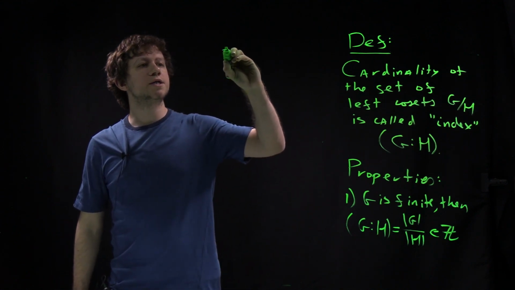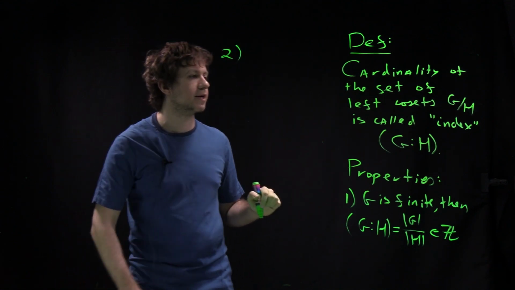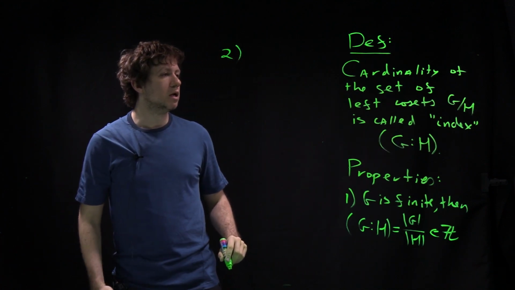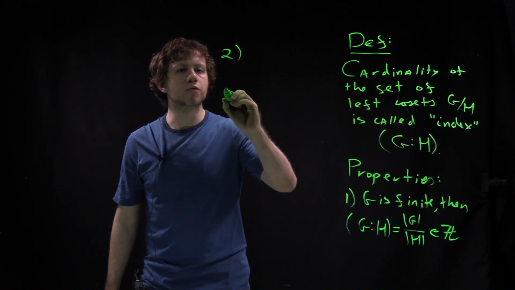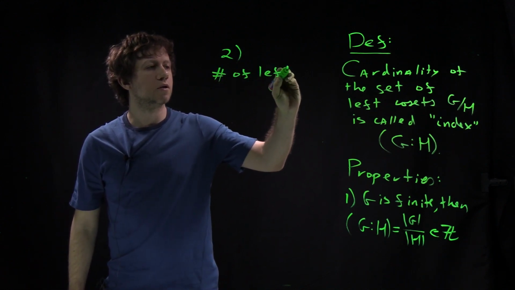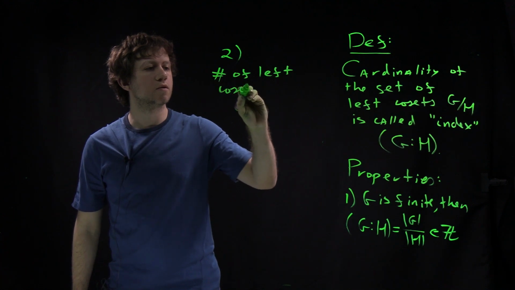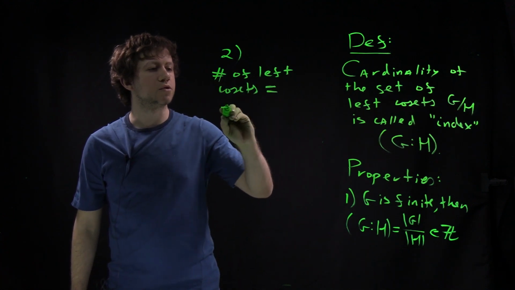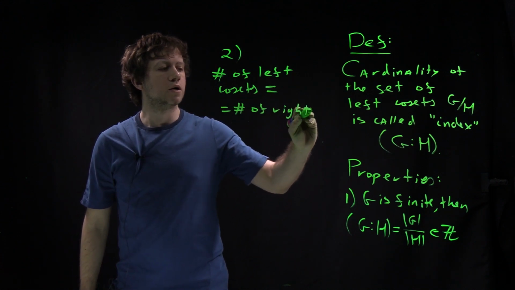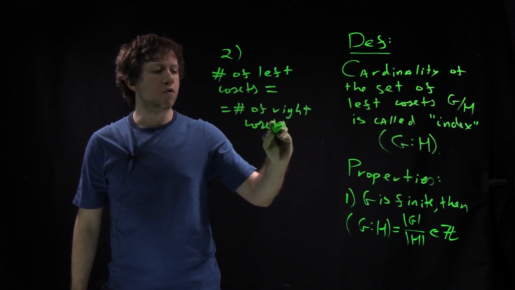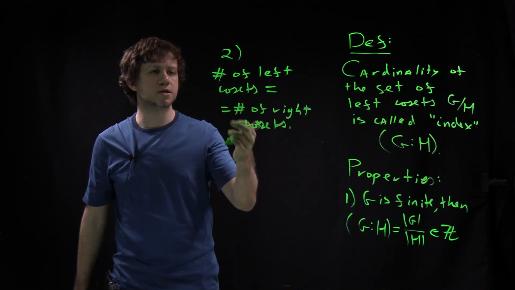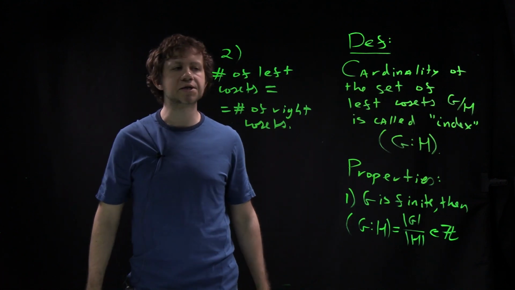Another thing is that it seems we have two cardinalities, for left cosets and right cosets. Actually, they are the same. The number of left cosets equals the number of right cosets. What I mean is that these cardinalities are the same, the cardinality of the corresponding sets.